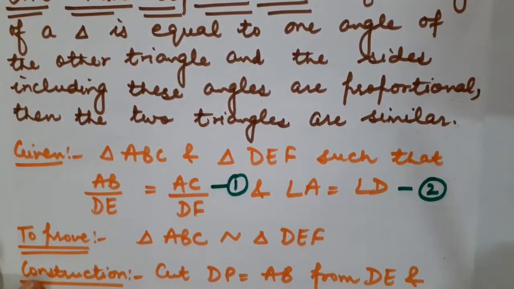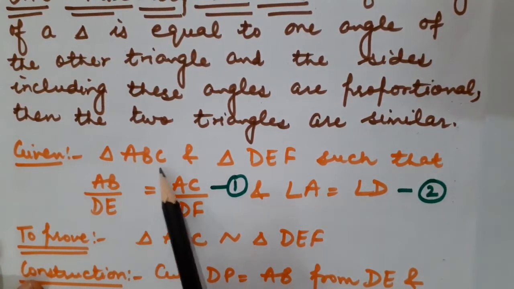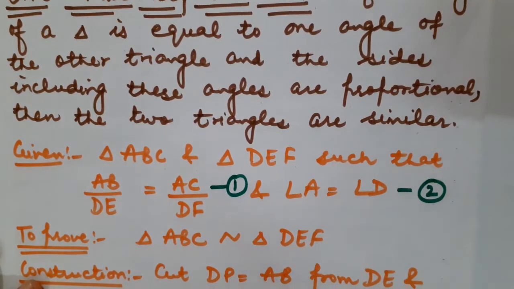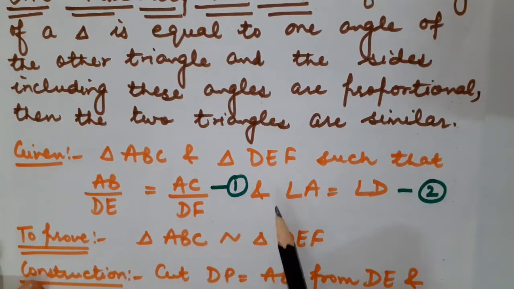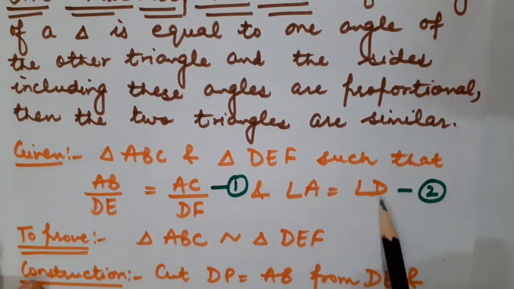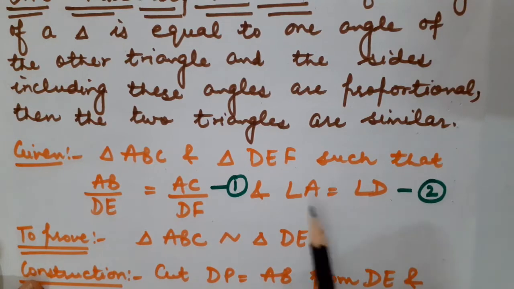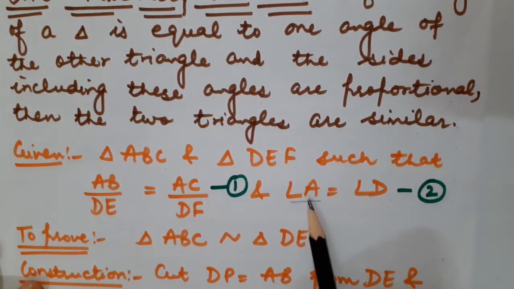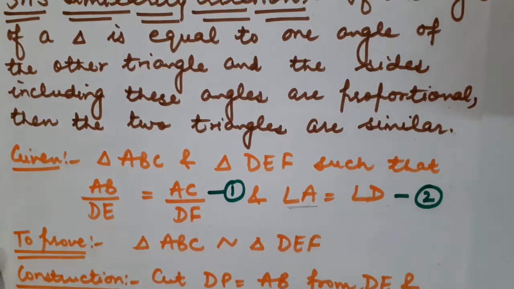So let us start. Given triangle ABC and triangle DEF, such that AB upon DE is equal to AC upon DF, and angle A is equal to angle D. Children, you know that angle A is nothing but the included angle of sides AB and AC.